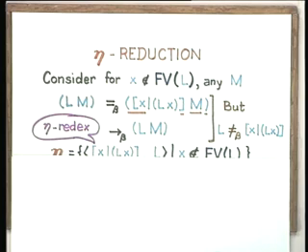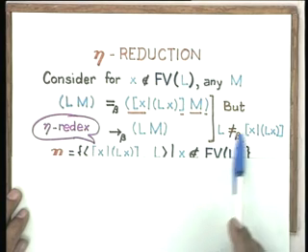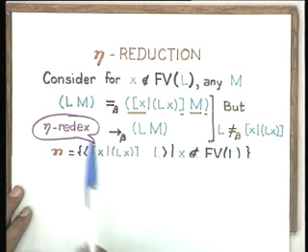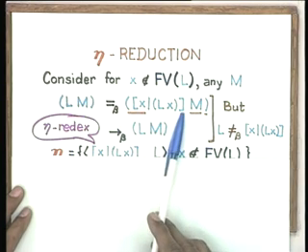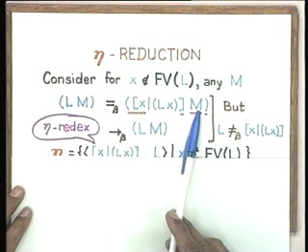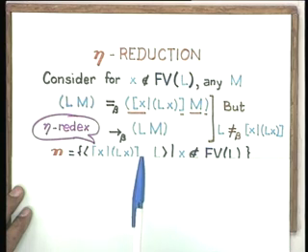in isolation. We can only prove that L applied to any argument is beta equal to lambda x Lx applied to the same argument, but we cannot prove that L itself is beta equal to lambda x Lx, though of course it makes a lot of sense to equalize the two.